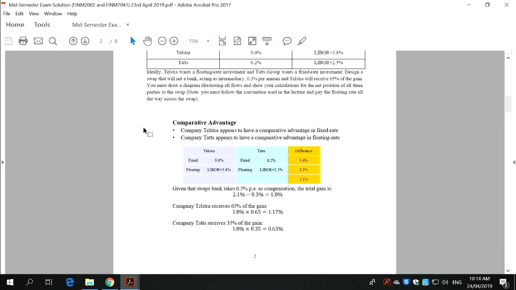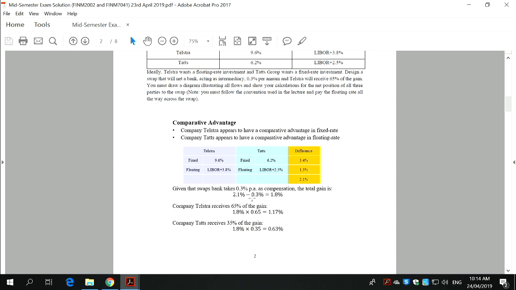Okay, so same as before. First of all, we draw a table to analyze the comparative advantage between Telstra and Tesla Auto, right? So again, first you work out the difference in the fixed rate of return between Telstra and Tesla Auto. It turns out to be 3.4%. And then you work out the difference in the floating rate of return, so that's 1.3%. Then the next step is to work out the difference in the difference, which is 2.1%.